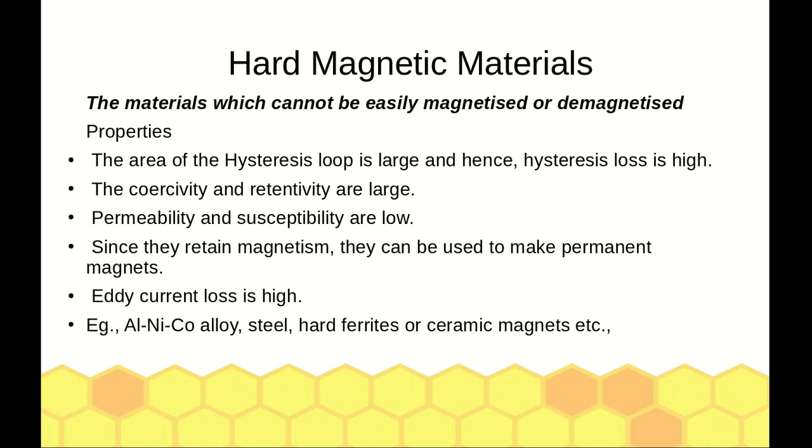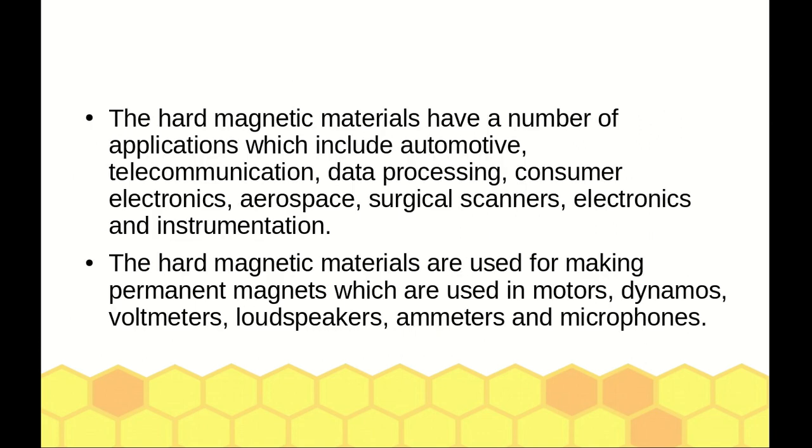Examples of hard magnetic materials are aluminum, nickel, cobalt alloy, steel, hard ferrites or ceramic magnets, etc. The hard magnetic materials have a number of applications that include automotive, telecommunication, data processing, consumer electronics, aerospace, surgical scanners, electronics and instrumentation, etc. The hard magnetic materials are used for making permanent magnets, which are used in motors, dynamos, voltmeters, loudspeakers, ammeters and microphones.